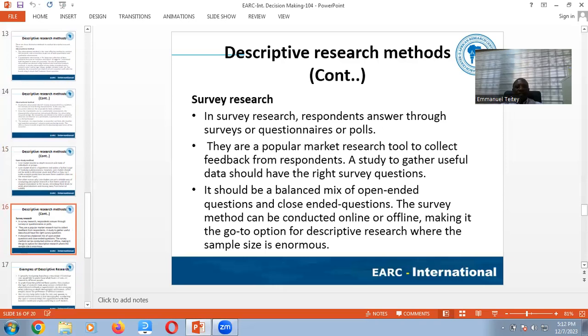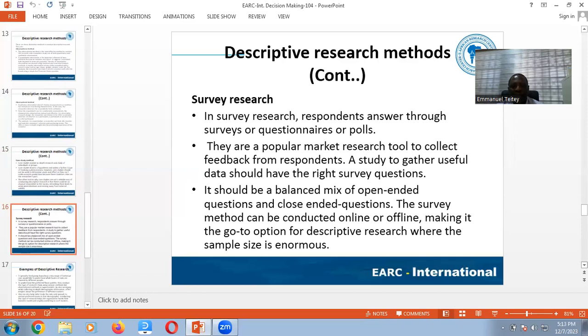Survey research. Another method of descriptive research is survey research. In survey research, respondents answer through surveys, questionnaires or polls. They are popular market research tools to collect feedback from respondents.